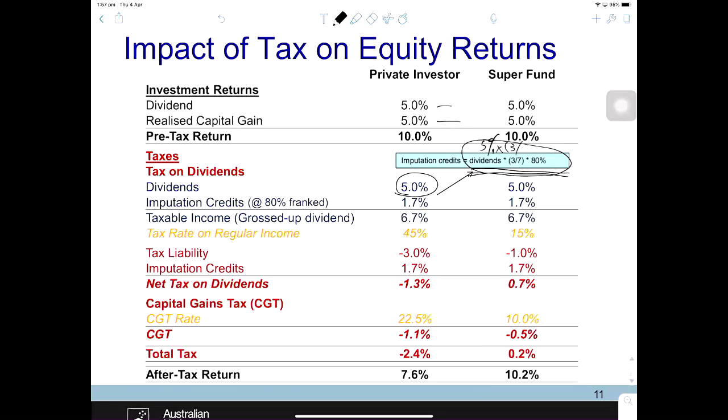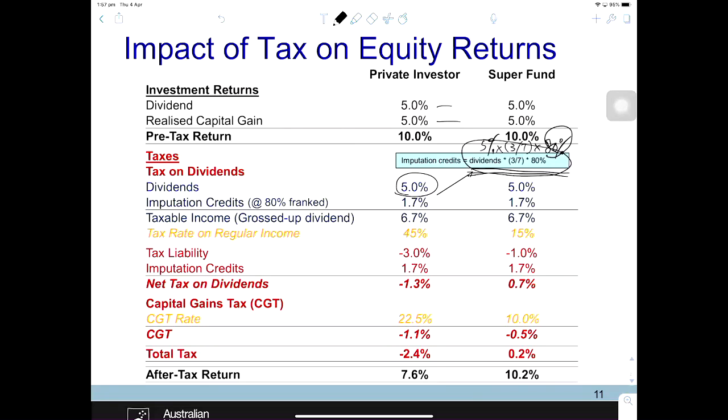times 3/7 times 80%. 3/7 indicates the ratio of the 30% tax rate in your total taxable profit, and 80% is the franking level. So it's a rough measure of the percentage of profits generated within Australia which is subject to the Australian corporate tax.